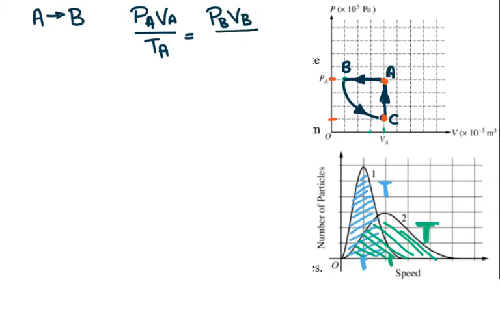So I'm going to look at AB first. When I look at AB, I can do PV over T is equal to PV over T. So I have PA VA over TA is equal to PB VB over TB. Now, P is constant, so I can get rid of P. And VB is 1/4 of VA.